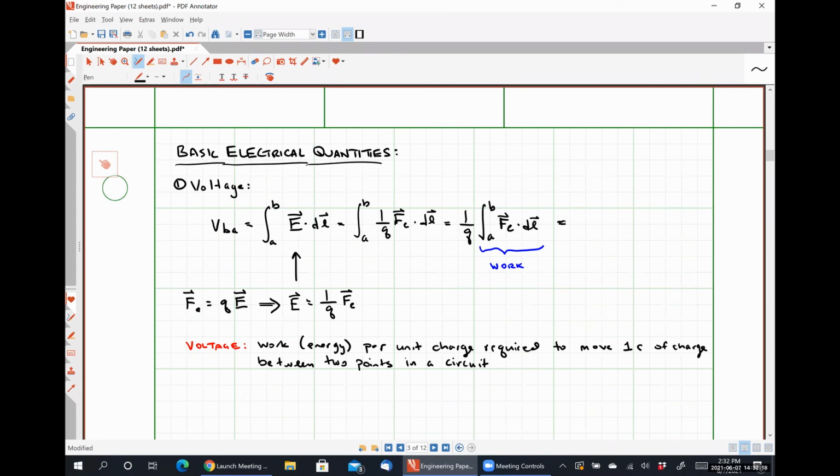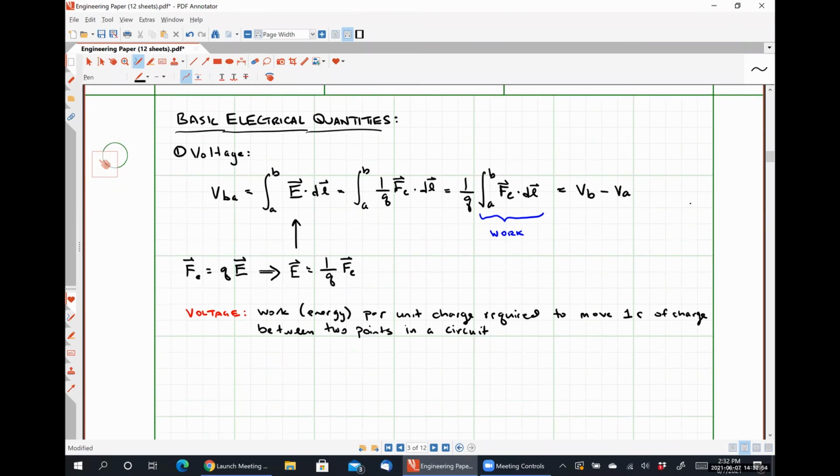So I can say that this voltage VBA is simply the voltage VB minus the voltage VA, because a line integral like we have here for a conservative force, which is an electrostatic force, is really just saying that it's the difference in electric potential between two equipotential surfaces. So very, very similar to what you guys did way back in Physics 201, but now we're applying it to an electrical system.